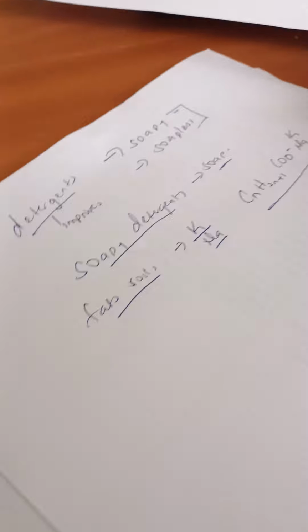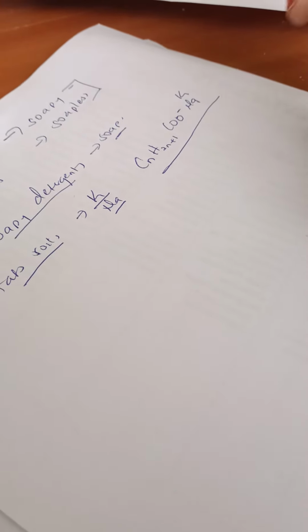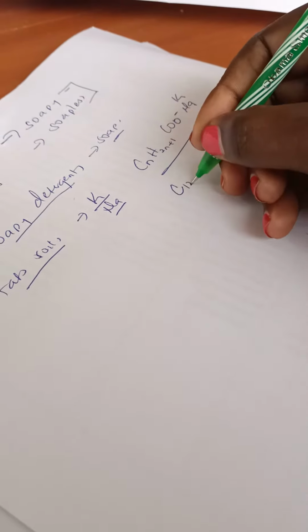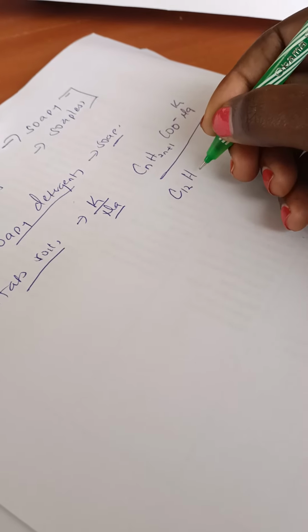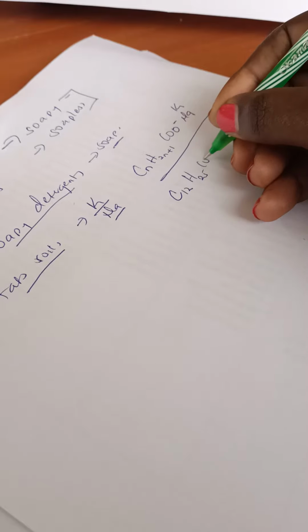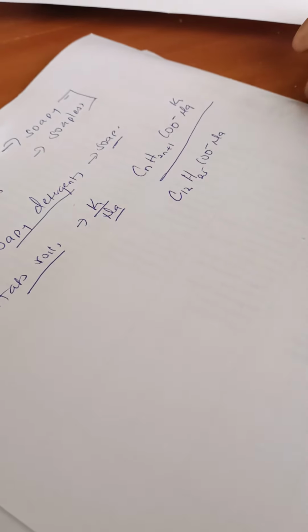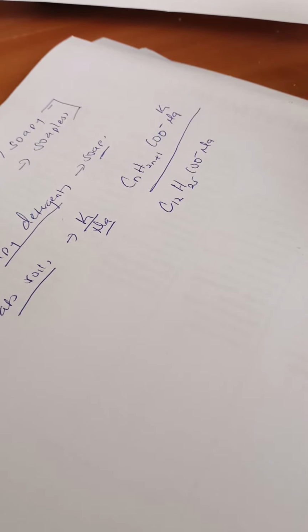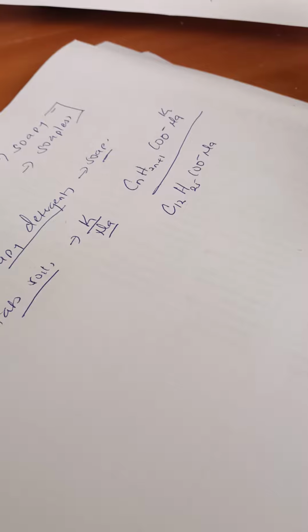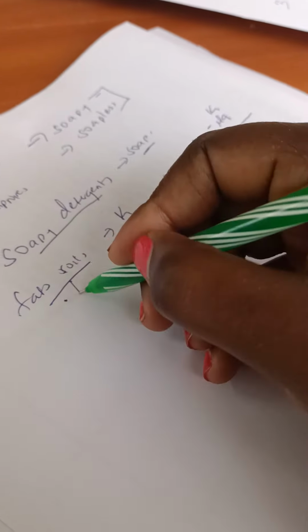For example, when I have C12, the soap will be C12H25COONa, since H is 12 times 2, 24, plus 1 is 25. So generally that is a soapy detergent.